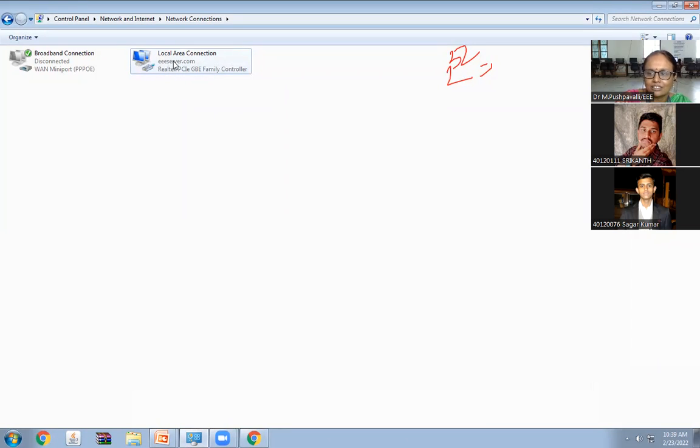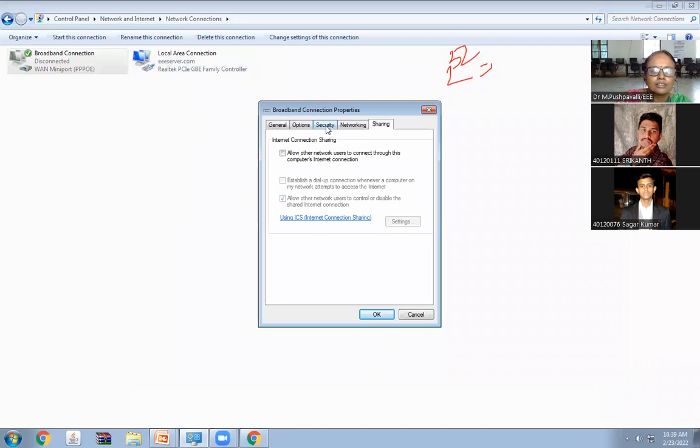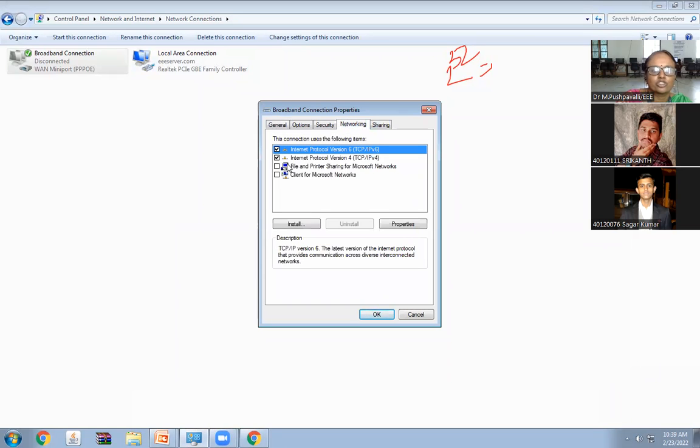Here I go to properties and networking. You see Internet Protocol version 6 and Internet Protocol version 4, TCP/IPv4 as well as TCP/IPv6, available nowadays in all our systems. Our institution is very large, so it shows both. But at home it shows Internet Protocol version 4 only. There they provide subnetting and give it to our house.